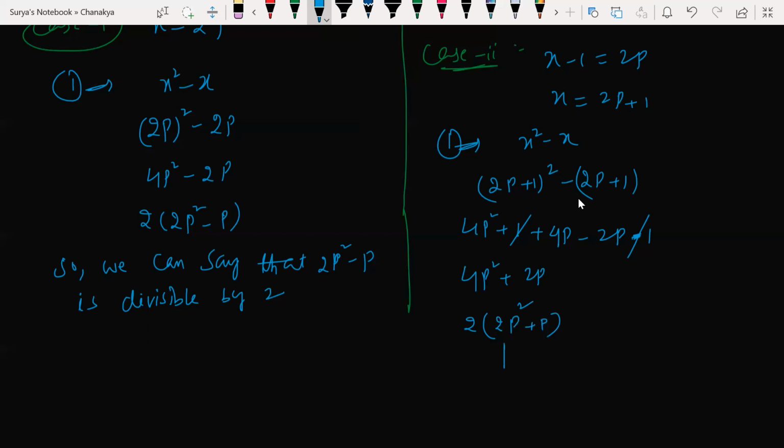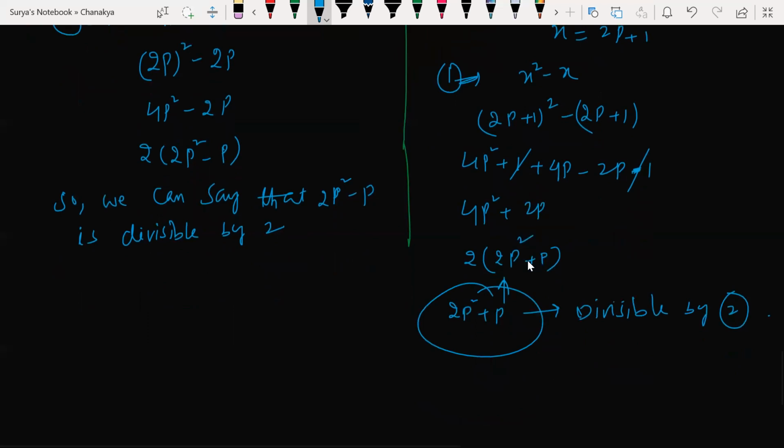Look at this again. Is this divisible by 2 or not? Again, 2p square plus p is divisible by 2. Divisible by 2 or not, guys? Any doubts here? People, any doubt till this?